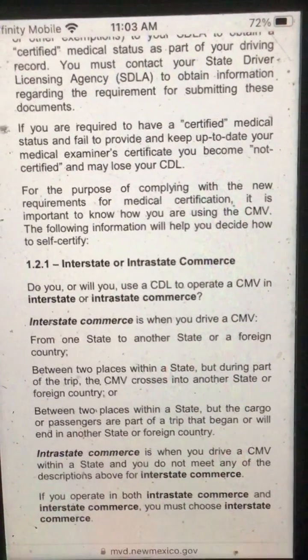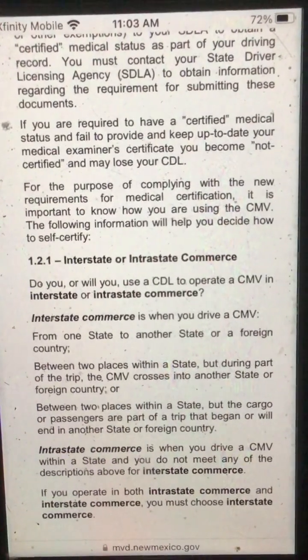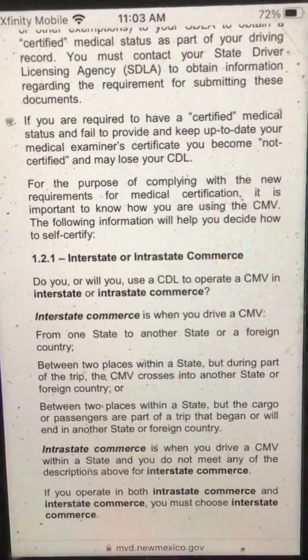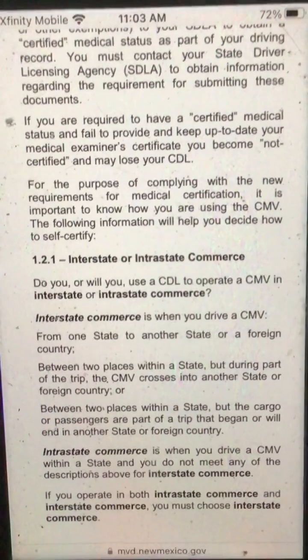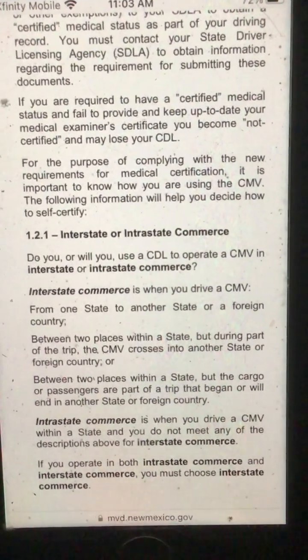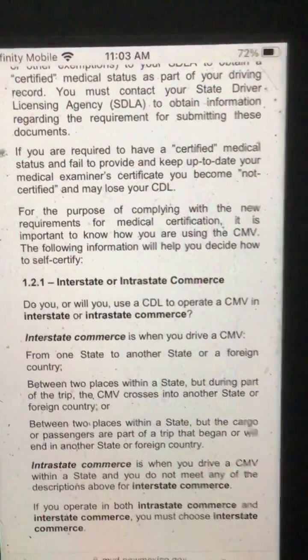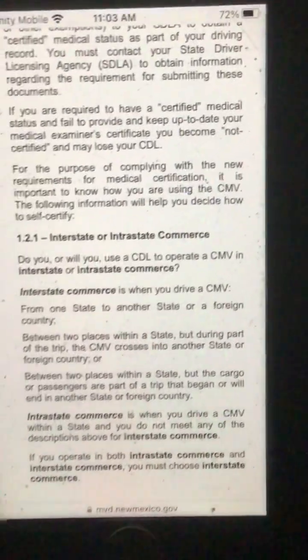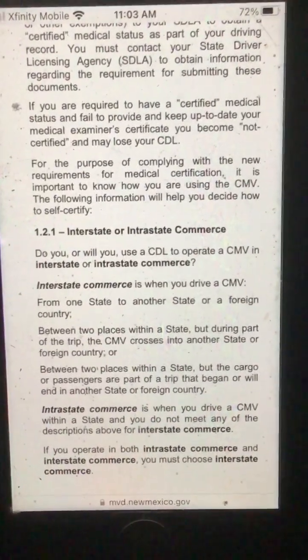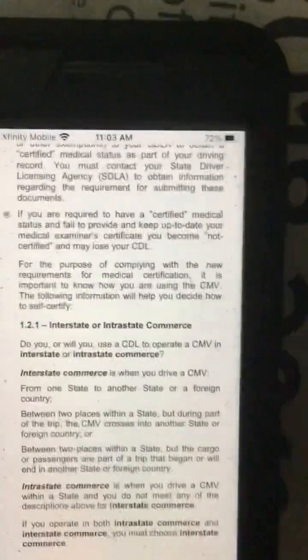Intrastate commerce is when you drive a CMV within a state and you do not meet any of the descriptions above for interstate commerce. If you operate in both intrastate commerce and interstate commerce, you must choose interstate commerce.